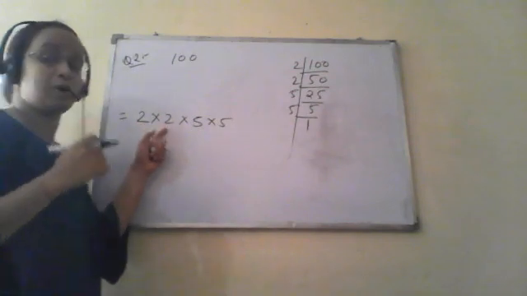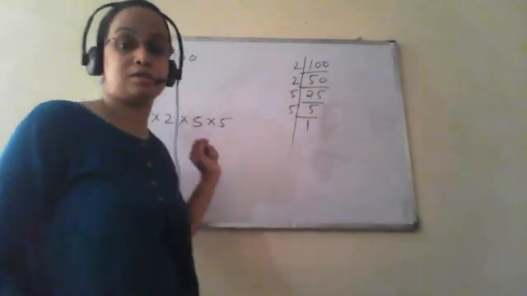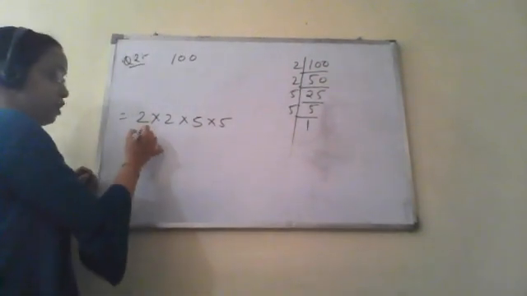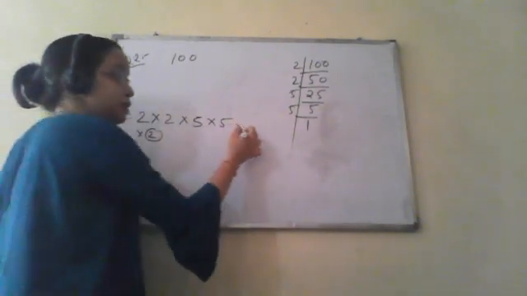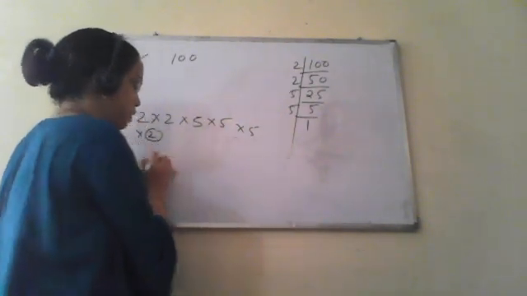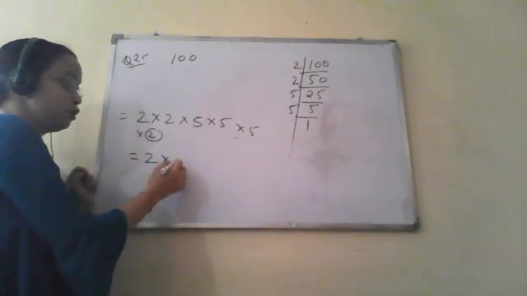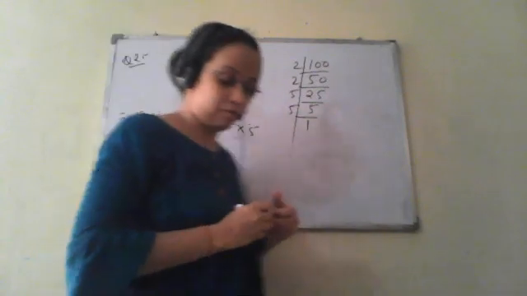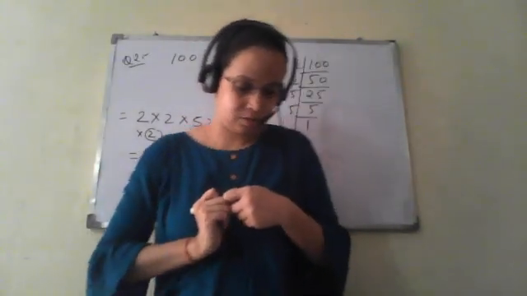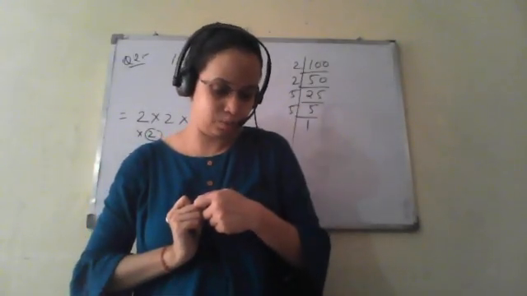So neither the triplet of 2 nor the triplet of 5 is complete. So for that we have to multiply by one 2 in order to make the triplet complete, and one 5 in order to make this triplet complete. So in total we have to multiply by 2 into 5, that is 10. So if you multiply this number by 10, the resulting number will be a perfect cube.